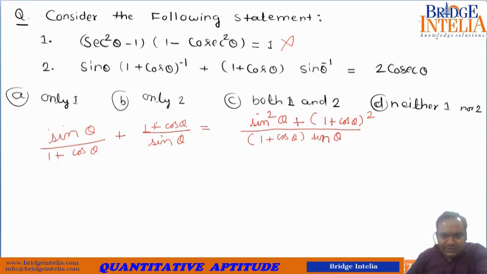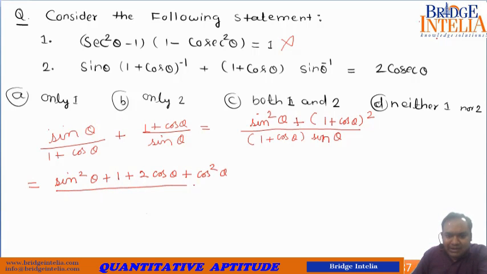Why? Because 1 plus cos theta when multiplied by 1 plus cos theta would give us 1 plus cos theta whole square. So if you expand, this actually comes out to be sine square theta plus, now we expand this term, 1 plus cos theta whole square, which is 1 plus 2 cos theta plus cos square theta, whole divided by 1 plus cos theta into sine theta.